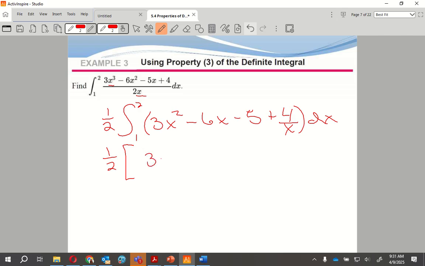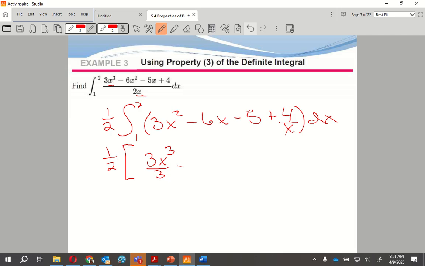So 3x to the third, right? Adding an exponent, integration, and then divide by 3. There we go.